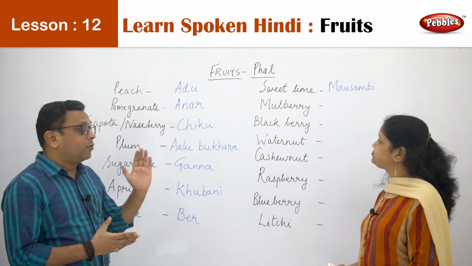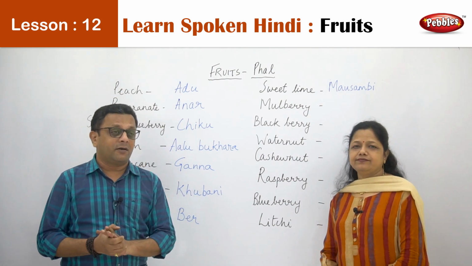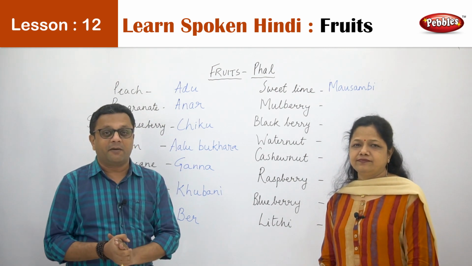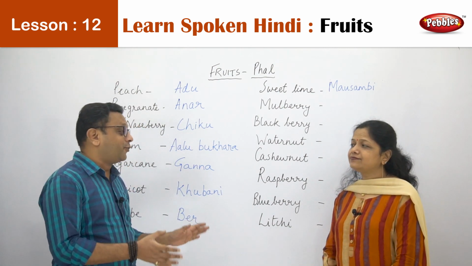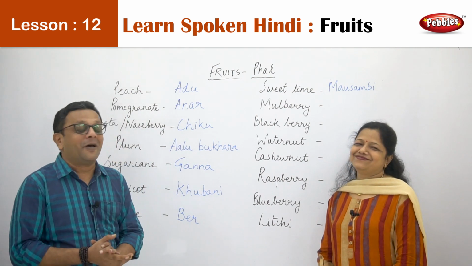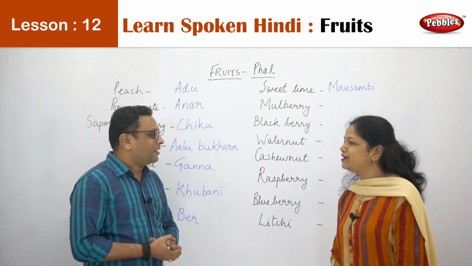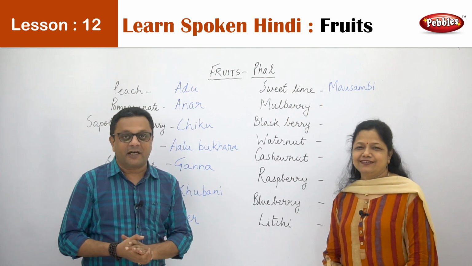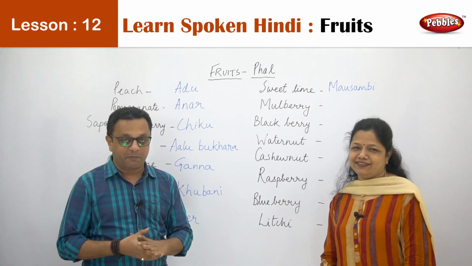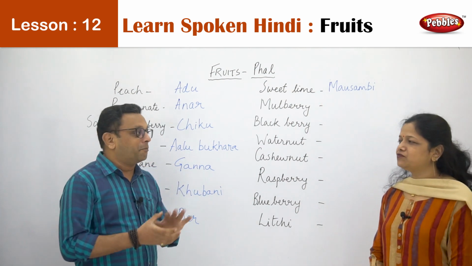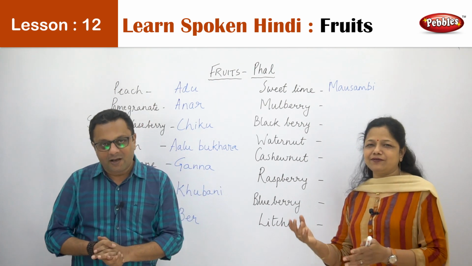Now this Mausambi, I'll tell you, it is not very famous in India because it is considered the fruit of sick people. But Mausambi juice is quite famous, and it is always given to sick people. It's full of vitamin C, so that is the purpose behind it.